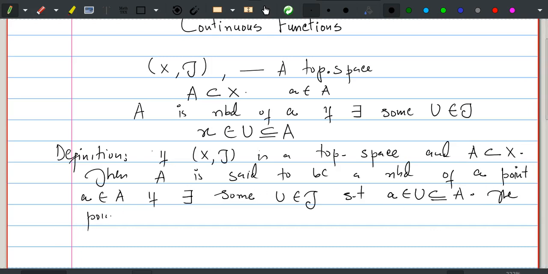The point a is called the interior point of A.